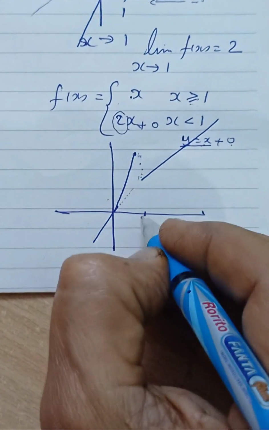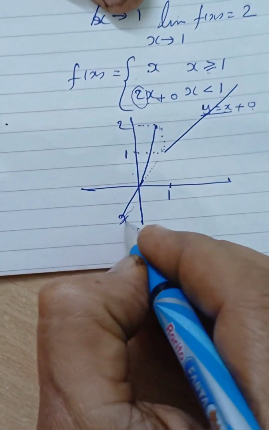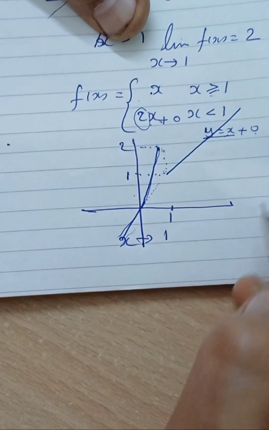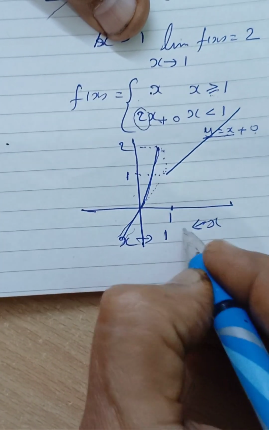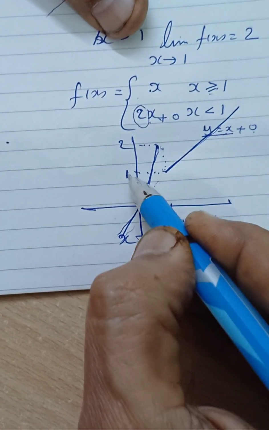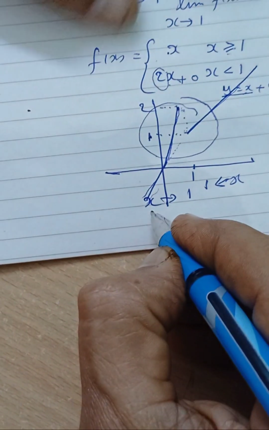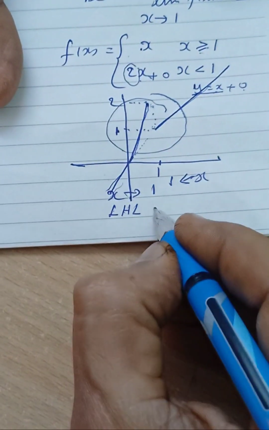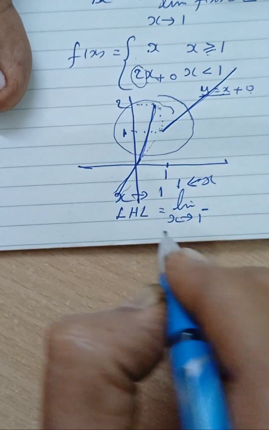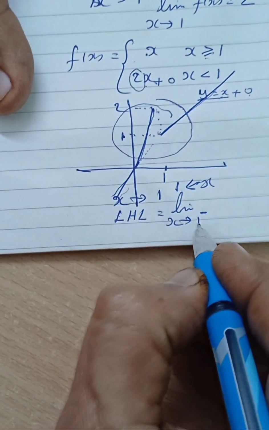So in this case you can easily observe, when x is approaching 1 from the left hand side, the values keep climbing towards 2, and as x is approaching 1 from the right hand side, the values keep declining and approach 1. So this is what we call sided limits. The left hand limit, or LHL, is limit x tends to 1 minus, where the minus indicates the direction of approach, the negative side.